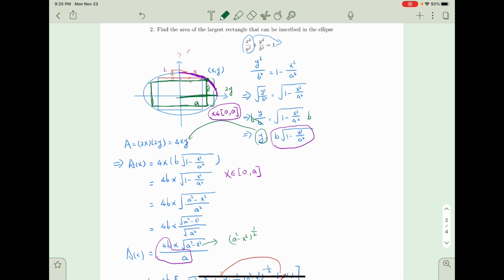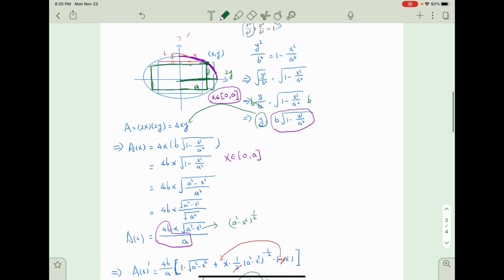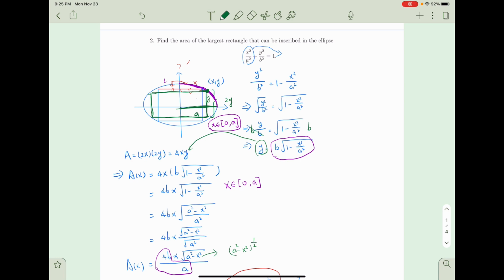And then we can move this point freely, and for each of these points we can form a rectangle. So when this point changes, the area of this rectangle also changes, right? So we want to find a point that makes the maximum rectangle. So we write out the expression of the area of the rectangle, A(x), right?